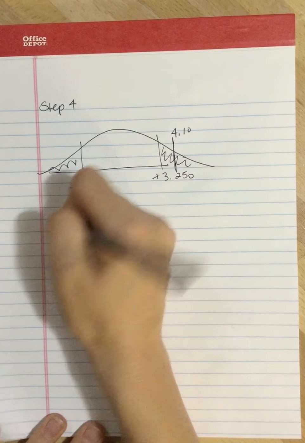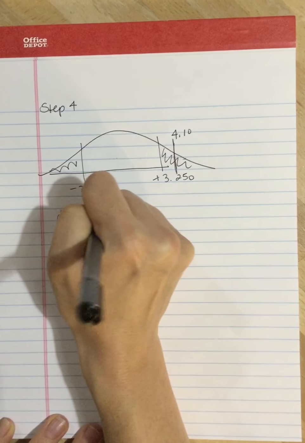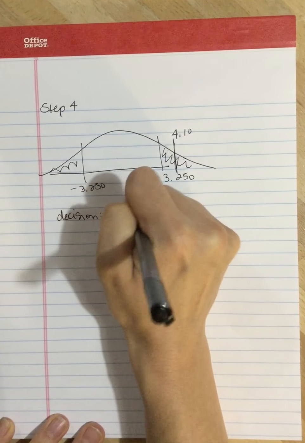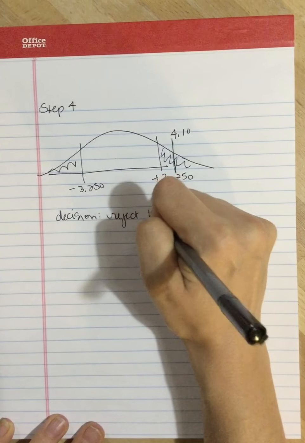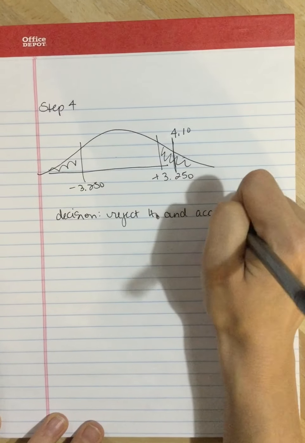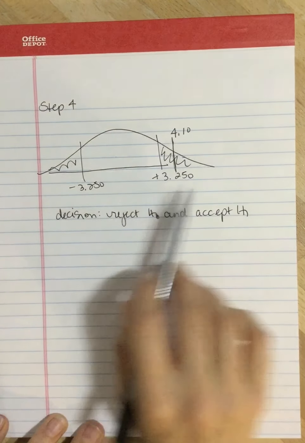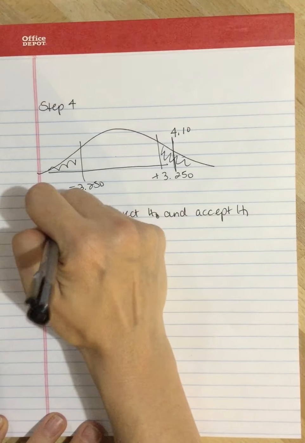So my decision is to reject the null and accept the alternate. Evidence: it falls in the critical region.